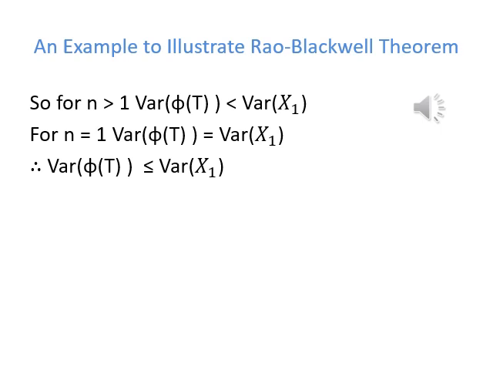But for the case n equal 1, we will have that the variance of phi of t, or the variance of x bar, will be equal to the variance of x1. This means that the variance of x bar is always less than or equal to the variance of x1. So now we have illustrated the Rao-Blackwell theorem through this example.